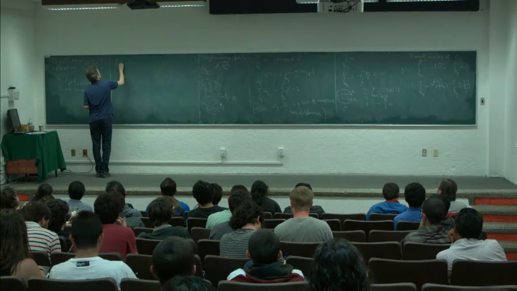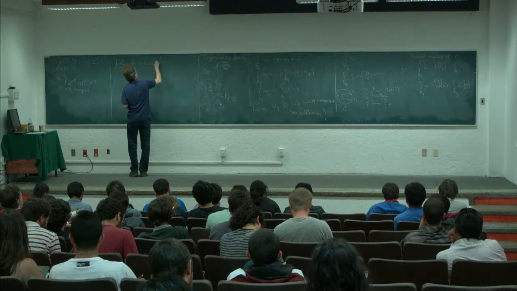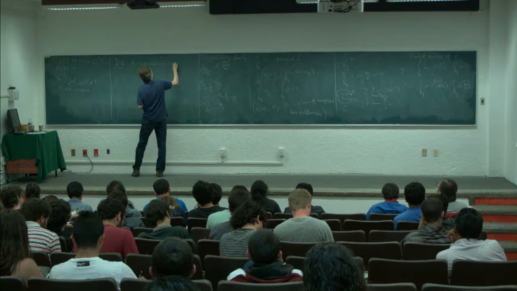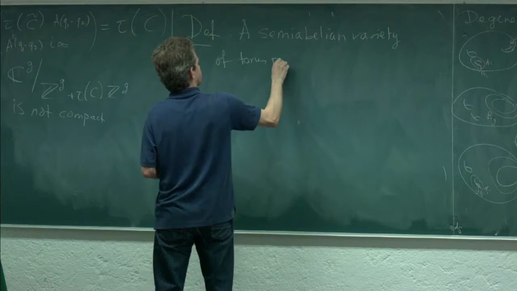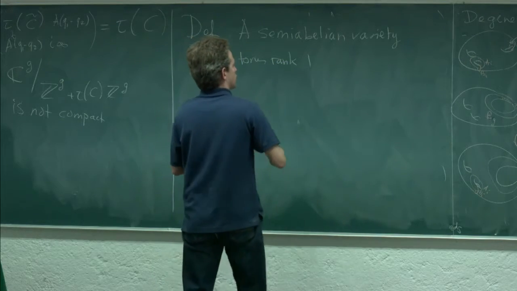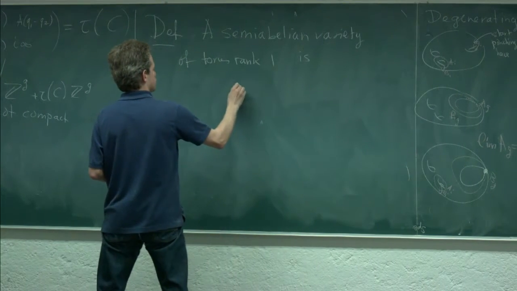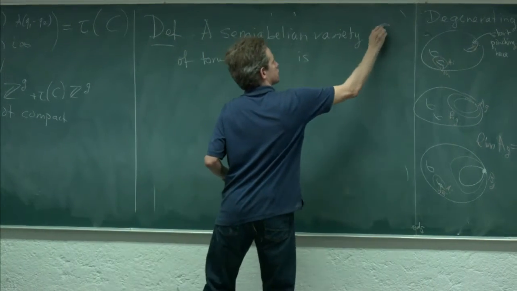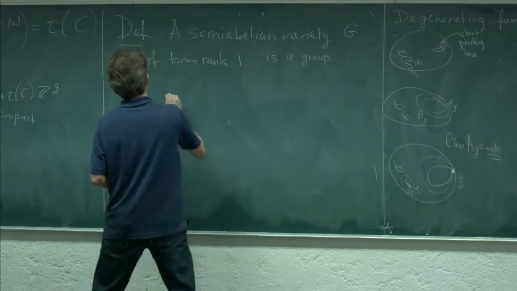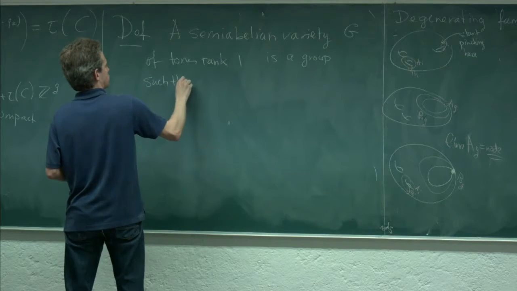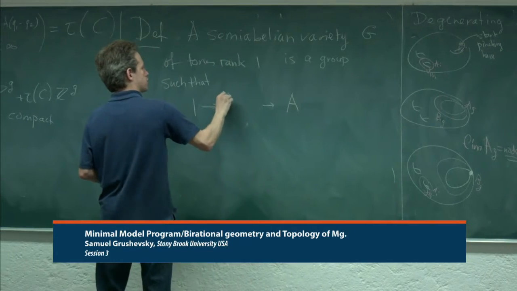So, definition. A semi-abelian variety of torus rank 1 is the following thing. A semi-abelian variety, let's call it G, is a group such that it's an extension of an abelian variety by a C star.